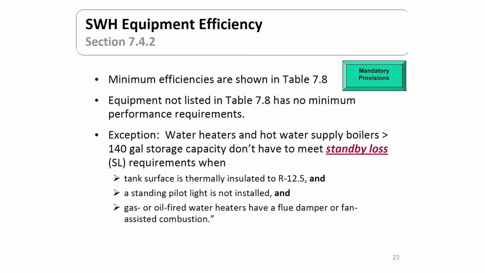If this tank surface is thermally insulated to R12.5 and a standing pilot light's not installed, and a gas or oil-fired water heater having a flue damper or fan-assisted combustion. So any of those would comply with the exception here.